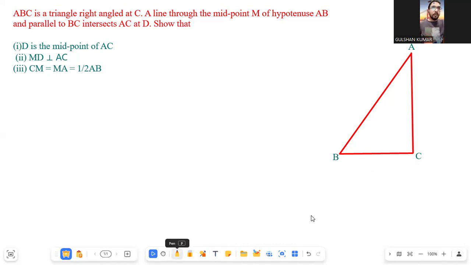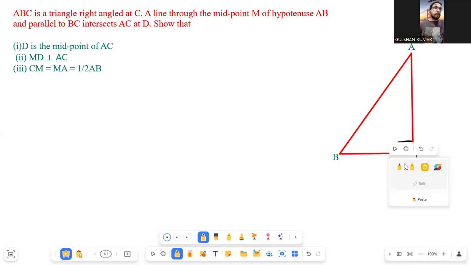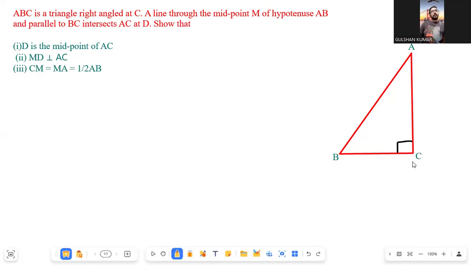We have to mark here that this is the right angle. So basically ABC is a triangle with a right angle at C.